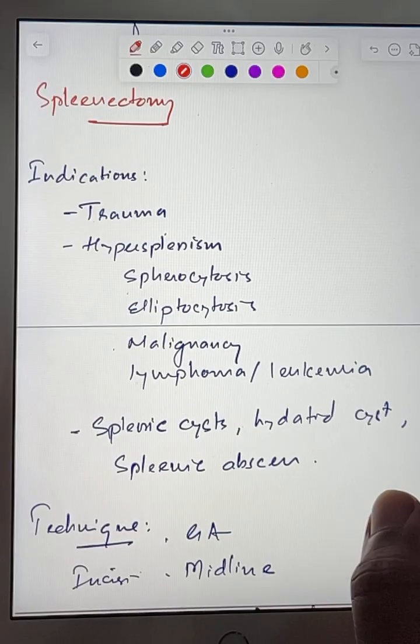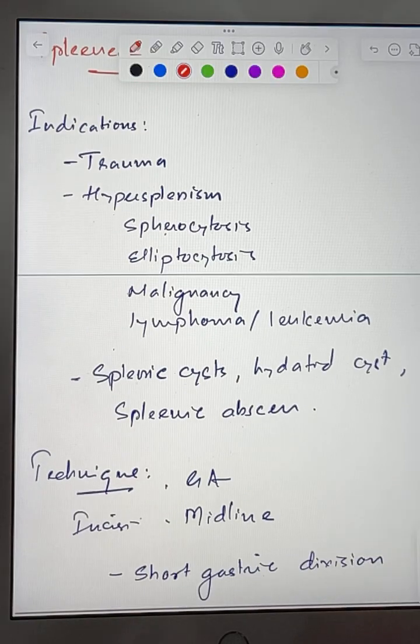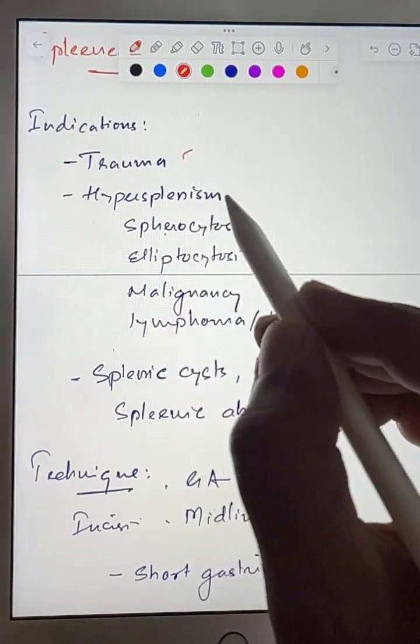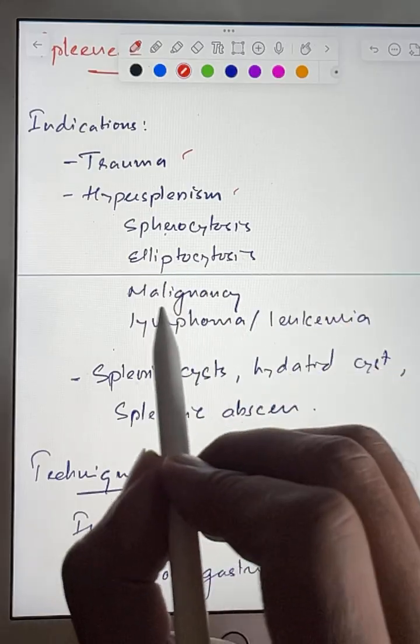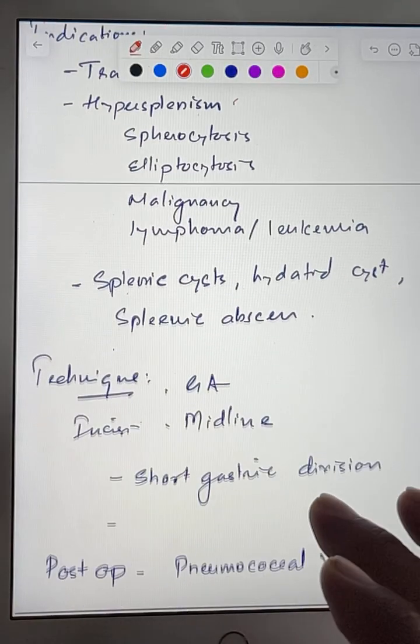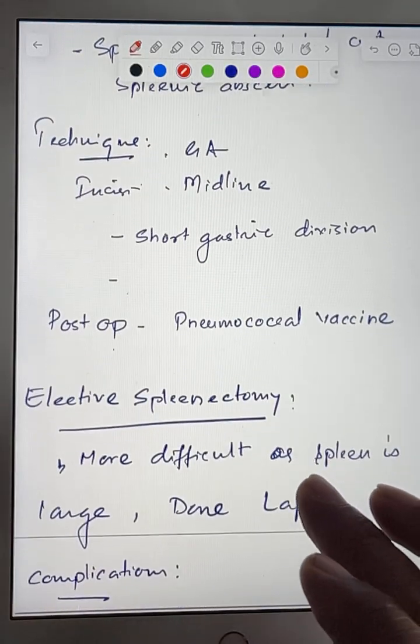What are the indications for splenectomy? Trauma, hypersplenism, spherocytosis. One is trauma, another is increased size of spleen, spherocytosis, malignancy, lymphoma. Technique: general incision, short gastric vessel division is done.